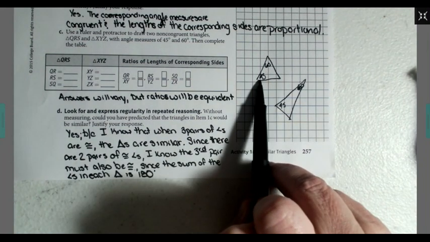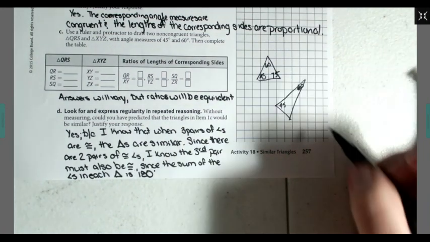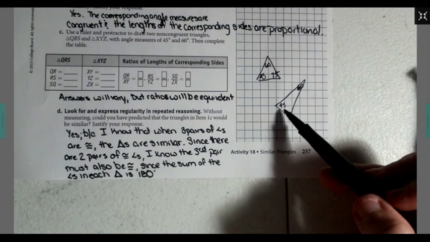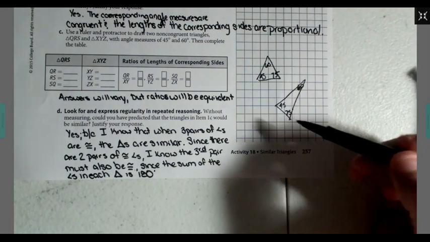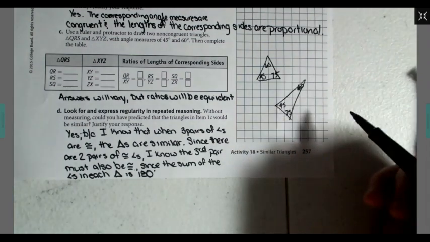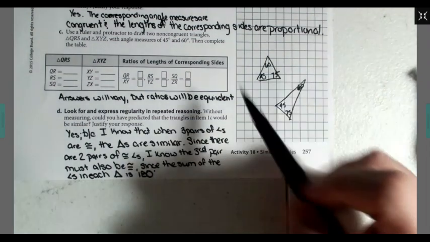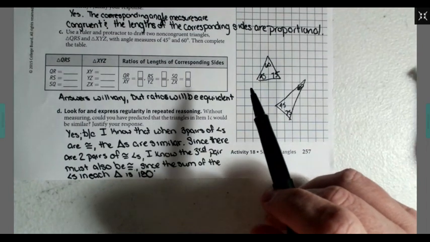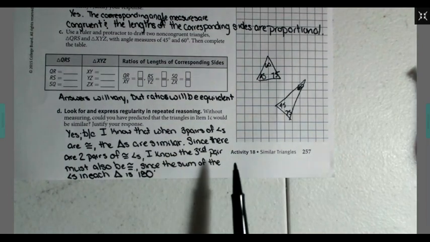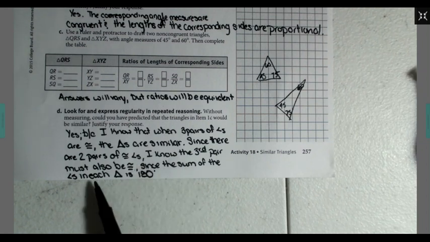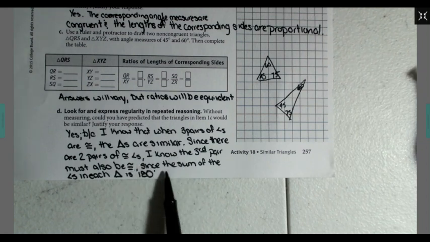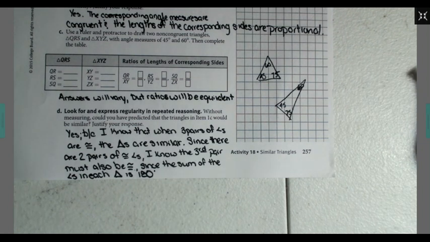So we've got 105 there. So that would make this 75. I have 105 here, so that would make this angle 75. So would these triangles be similar? Yes, because all 3 angles are congruent. Since there are 2 pairs of congruent angles, I know that the third pair is also congruent. It's because of the sum in a triangle being 180 degrees.